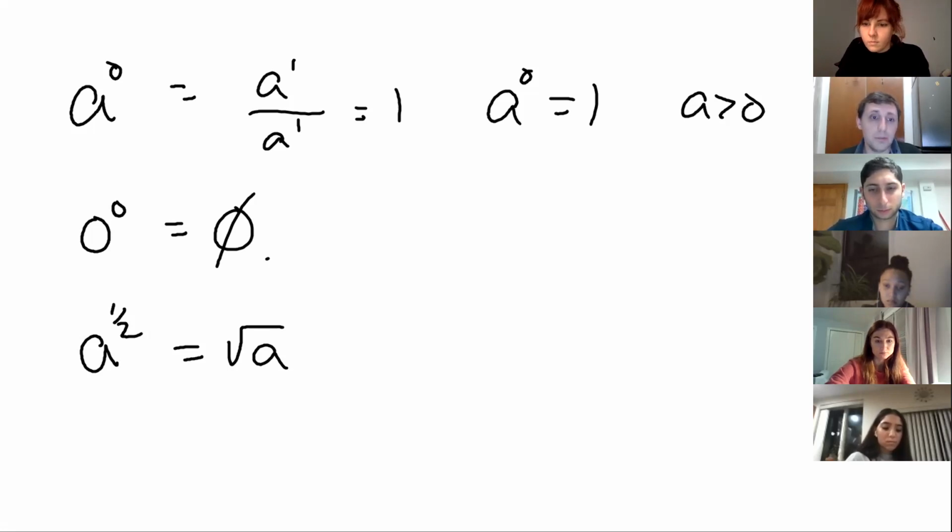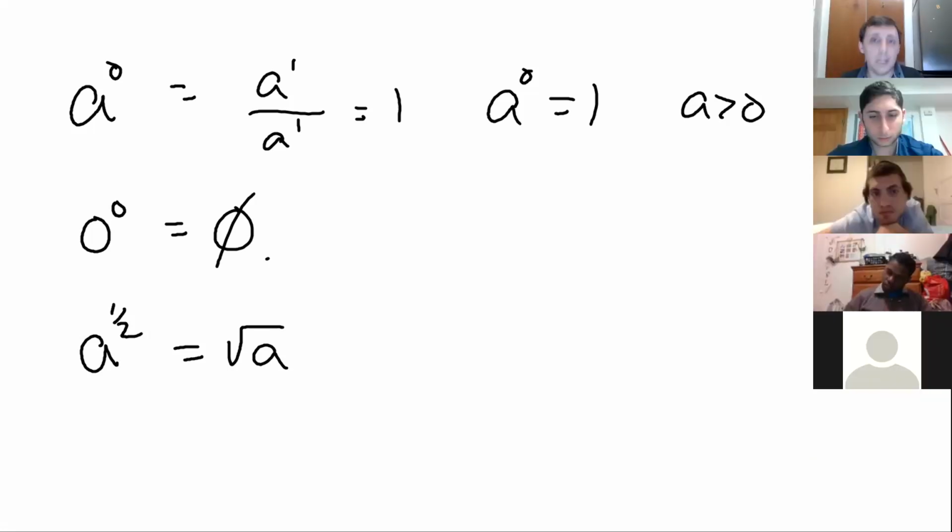I'm saying a to the 1/2. It's the square root of a. Why am I using that symbol? All right. Let me tell you then why.